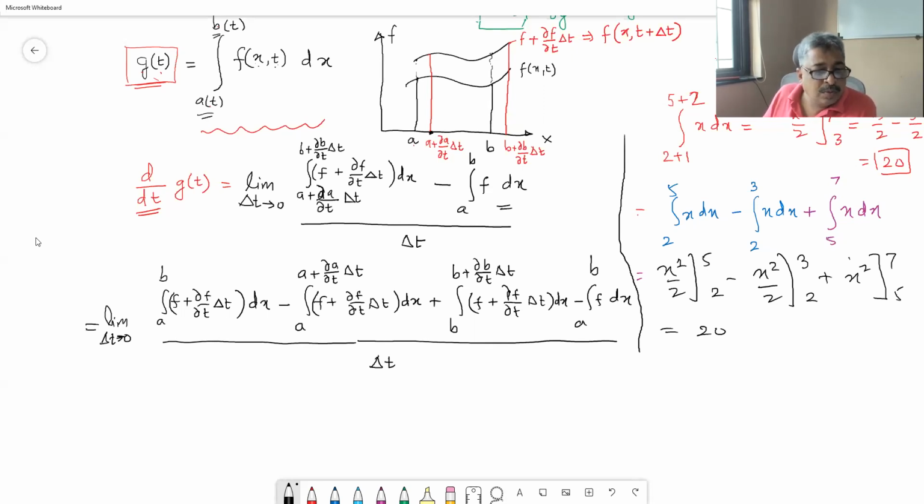Okay, so you can split this in two parts now. Limit delta t tends to 0. Can you just save one step by checking that this and this is same, first and last? Therefore, I am just cancelling that, this and this is same, and therefore the first term is going to be integral.